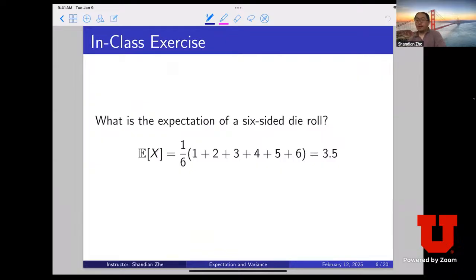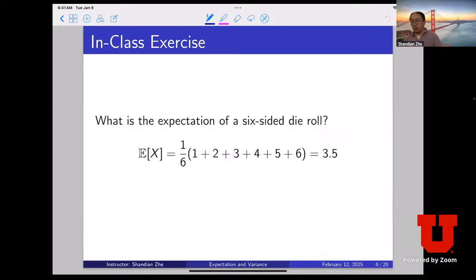So let's continue. Now let's do a simple in-class exercise. Let us consider we roll a six-sided die, and you have an equal chance to see every side.